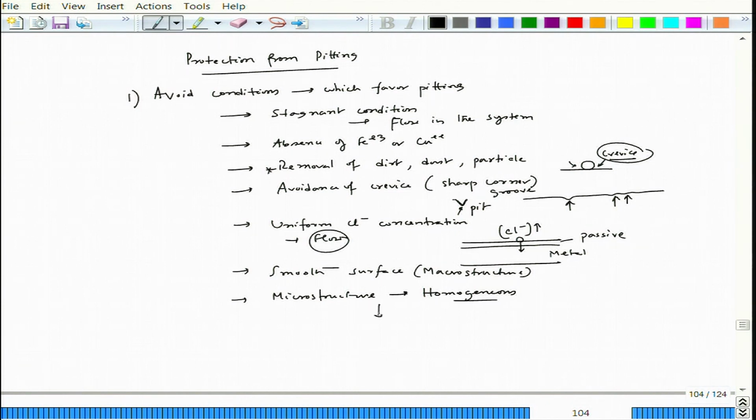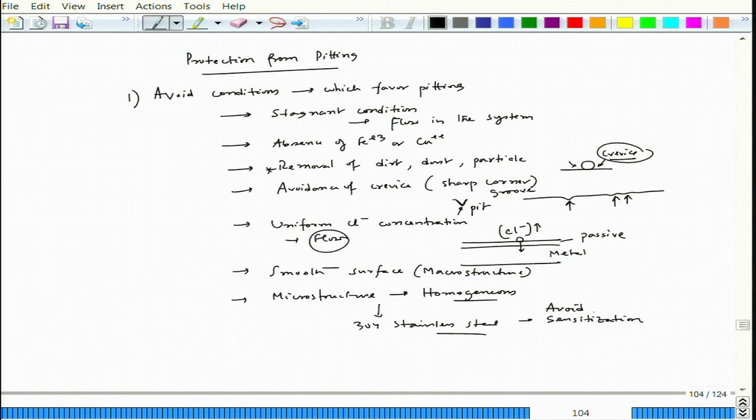For example, the best example is stainless steel, 304 stainless steel. If we avoid sensitization, of course, you can avoid pitting.